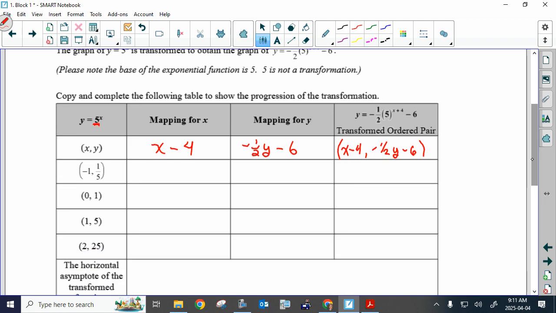And then all I want you guys to do is come up with what these ordered pairs' final output would be, right? So negative 1 minus 4, and we end up with negative 5 as the x value. Negative 1/2 times 1/5 minus 6.